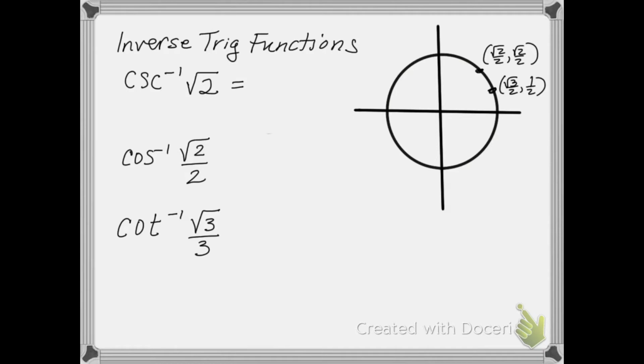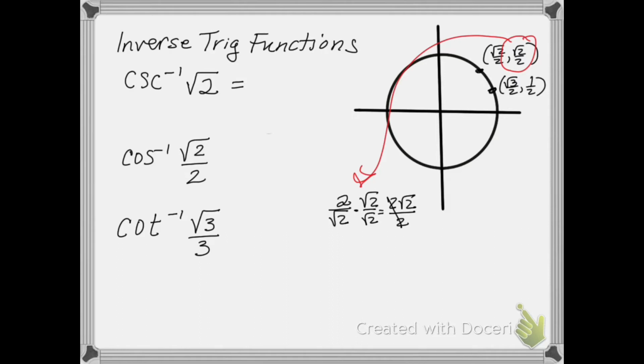So if I take this y-coordinate here and look at the reciprocal of it, that's going to be 2 over rad2, and then if I rationalize the denominator, that's going to be 2 rad2 over 2, which is rad2.